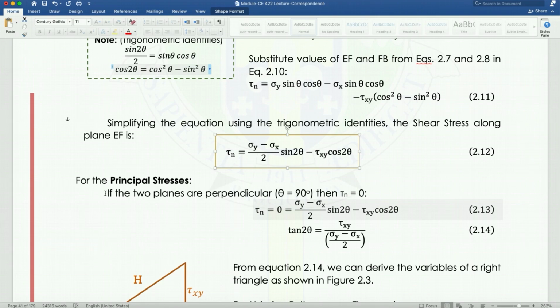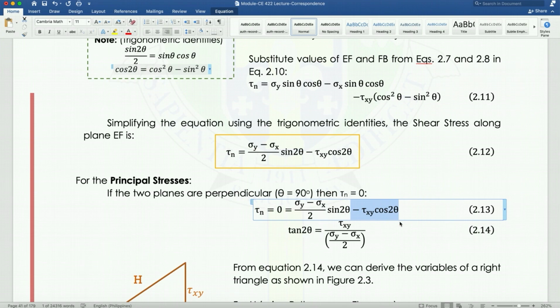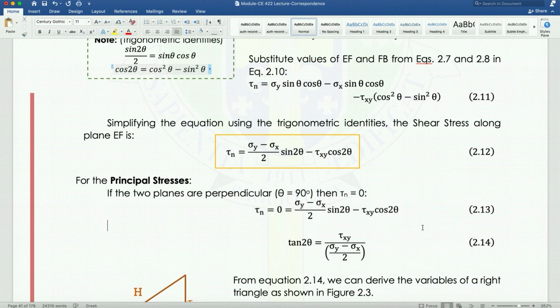Okay? Take note that if two planes are perpendicular, therefore theta is equivalent to 90 degrees. Then tau n is equivalent to 0. So if babalikan natin tong equation 2.12 natin, equate natin yung tau n into 0. Tau n is equivalent to 0. Transfer this term to the other side of the equation, and transfer this to the other side of the equation, then cross multiply, kasi ang mangyayari niyan, sige, i-demonstrate natin.